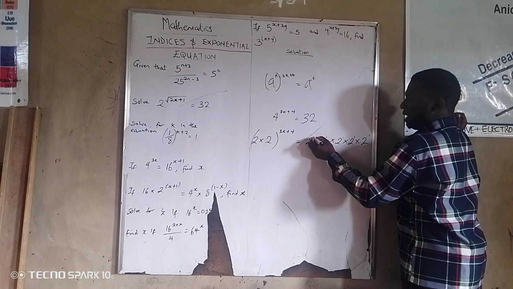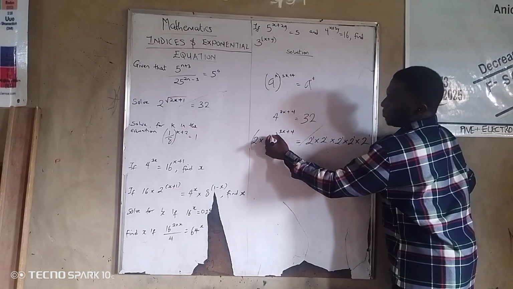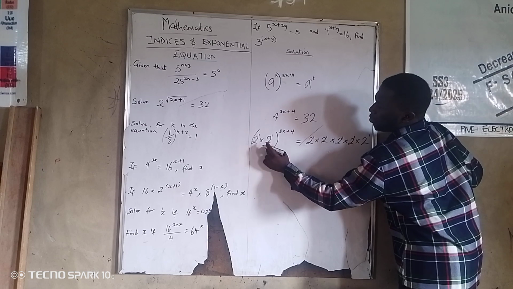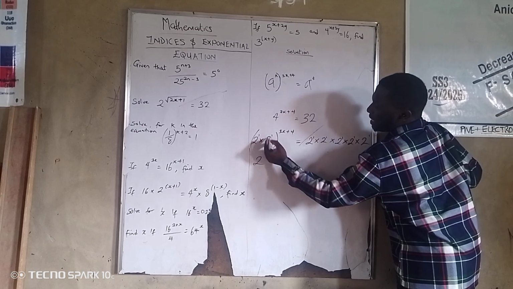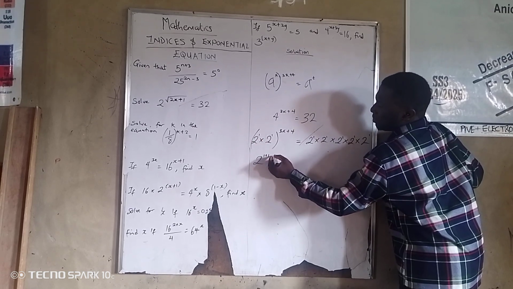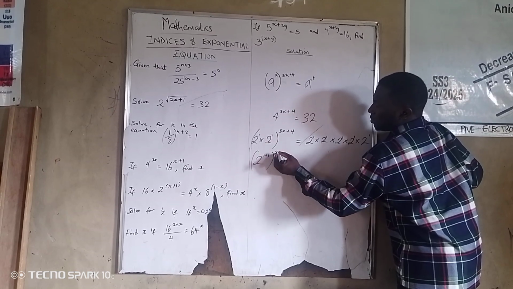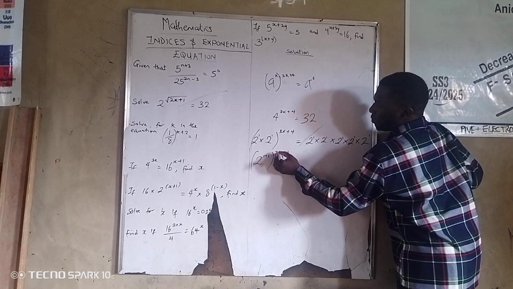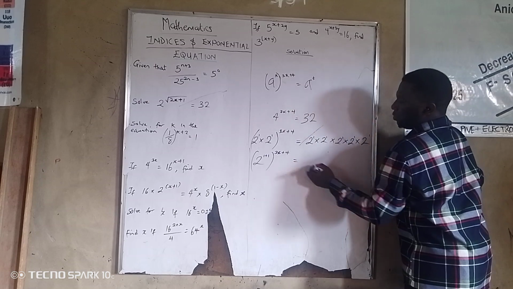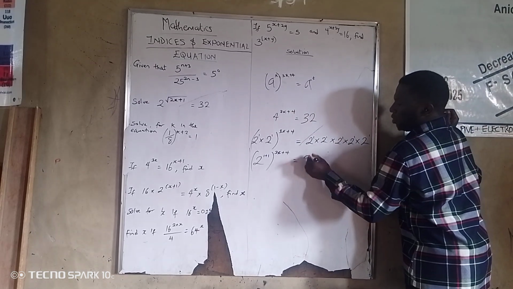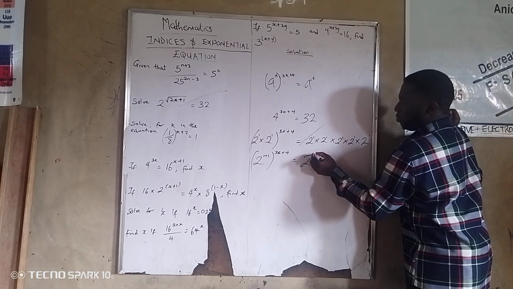From the law of indices, we pick one of the 2's and add their powers, 1 plus 1, then we put our power 3x plus 4, equals to, all these are 2s, they have the same base. We write one of the 2's and we add all the powers, 1 in 5 places.